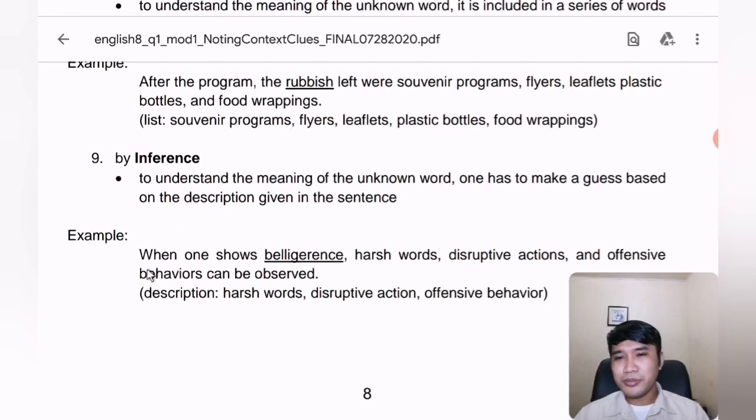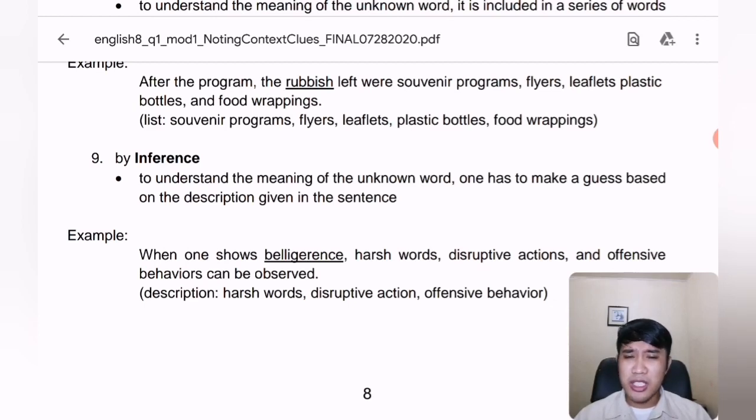Example. When one shows belligerence, harsh words, disruptive actions, and offensive behaviors can be observed. What's the meaning of belligerence? Harsh words, disruptive actions, offensive behaviors. These are all negative attitudes or actions.